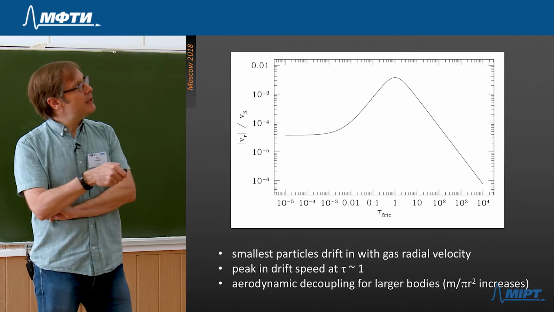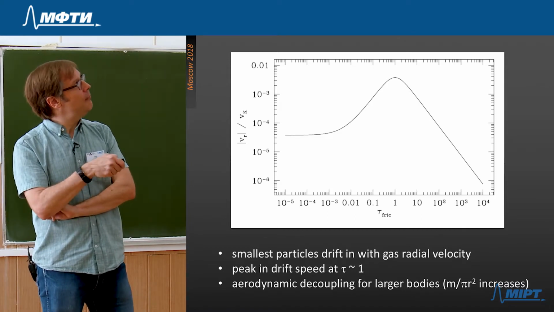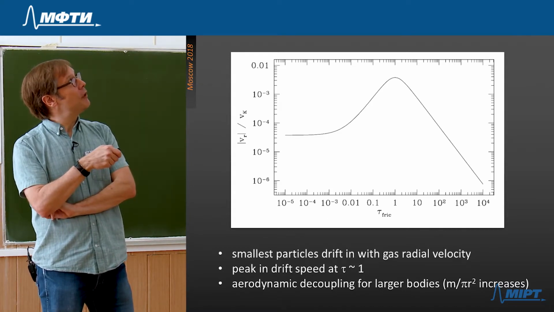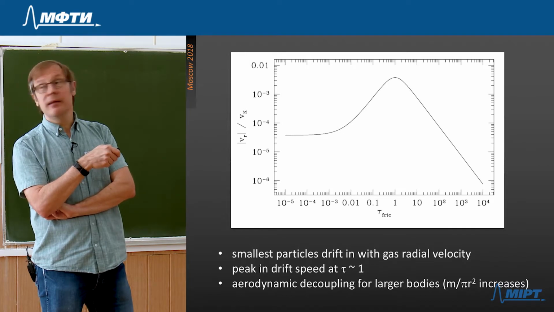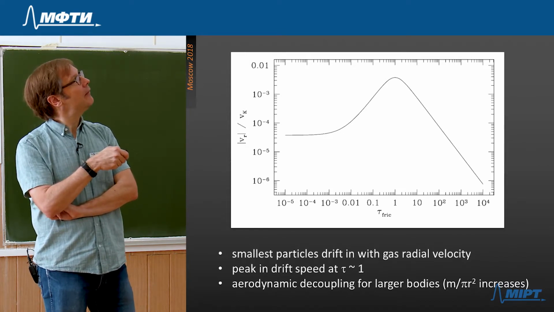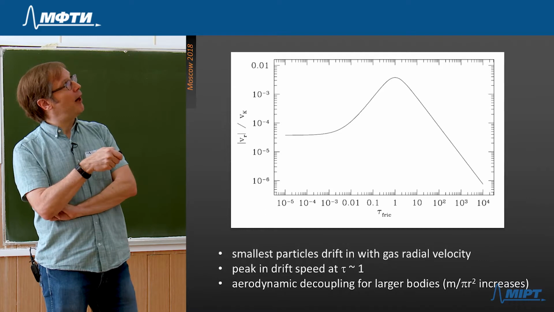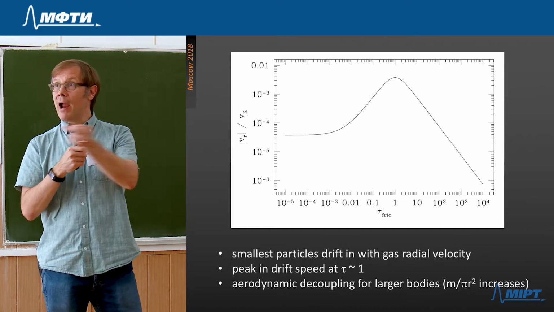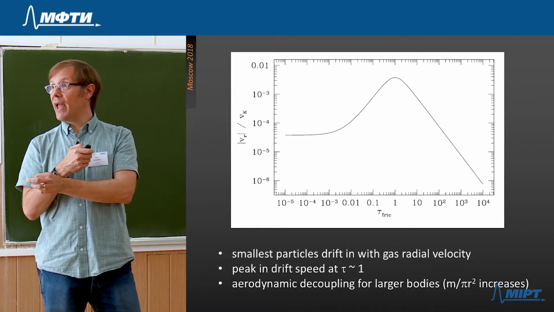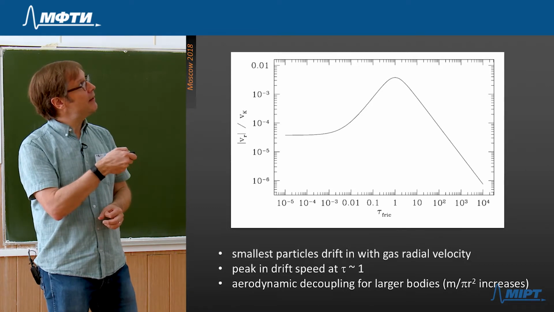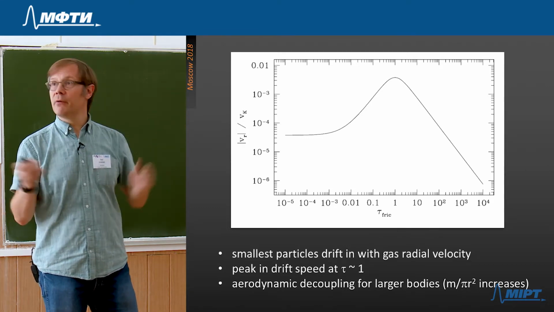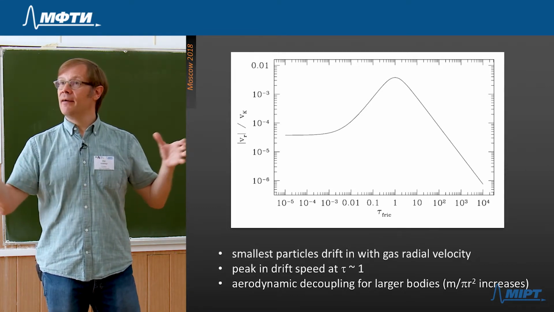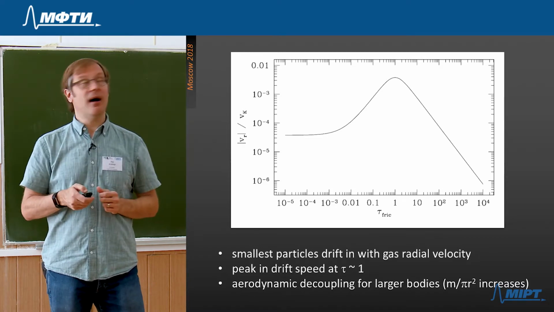So here's this dimensionless friction time or stopping time, and here's the radial velocity compared to the Keplerian velocity. Okay? So what you can see is for very small particles, those are just being dragged in by any radial flow of the gas. So this speed is the speed at which, in this model I've put together, the gas is flowing towards the star.